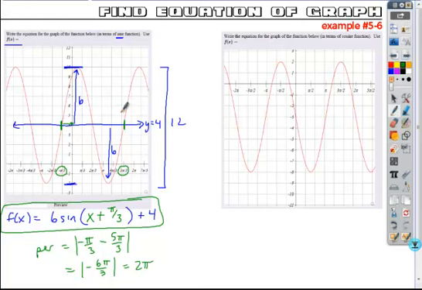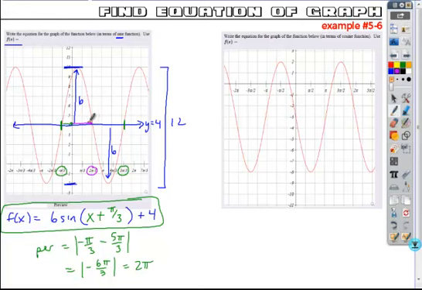Now, here's the thing with these periodic functions, these functions that repeat the same pattern: this is not the only answer that you could write. Because what if instead of seeing this as being shifted to the left pi over 3, you saw it instead being shifted from here all the way to here?